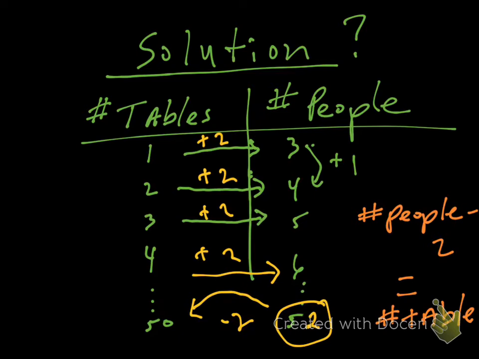So here we have come up with a solution, a rule that will fit under any condition. If somebody gives you any number of people, you'll be able to tell how many tables you're going to need if it's a triangular set of tables.